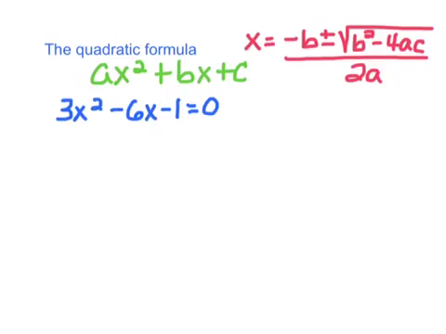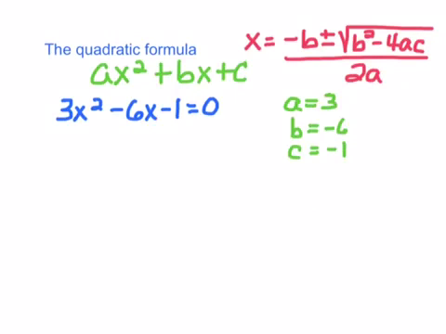They will at times be irrational and at other times they'll be rational. So before we begin plugging values into the formula, let's write down what a is. It's 3, the coefficient of x squared. B, the coefficient of x, is negative 6, and c is negative 1.